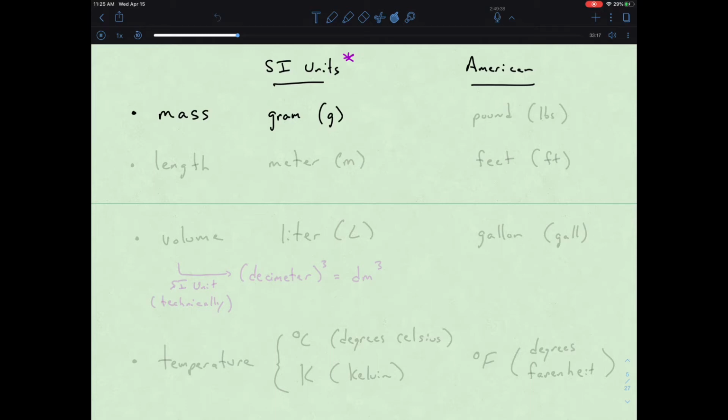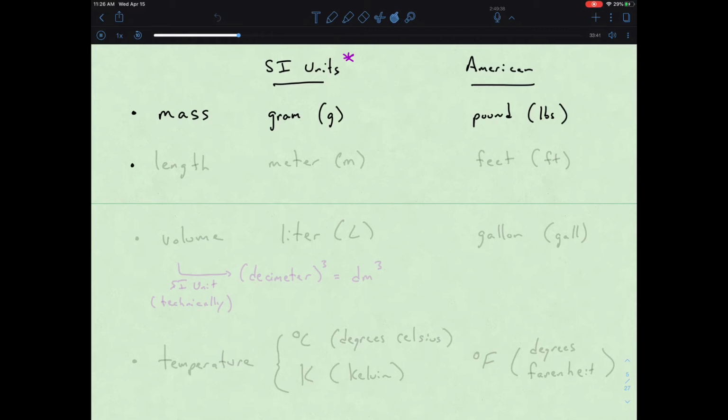In terms of American, we tend to use pounds or lbs. So it's a distinction between the two. There are 454.5 grams within a pound, so there's a way to go between those two different units. But as scientists, we go with the SI.